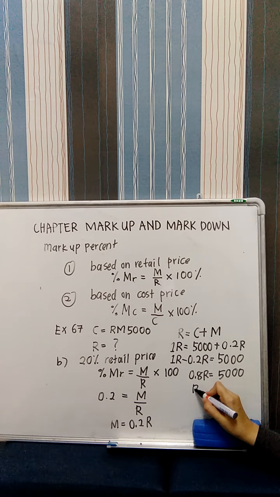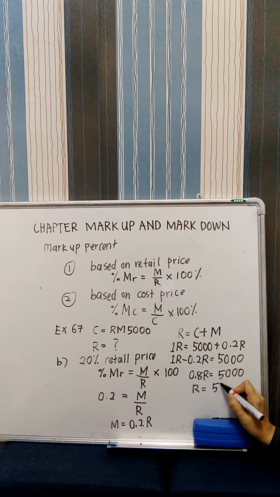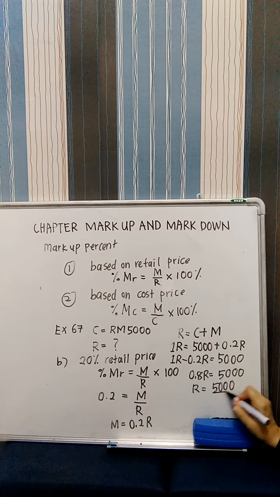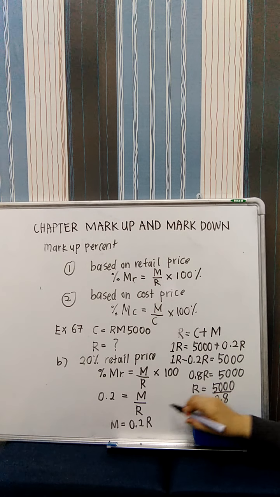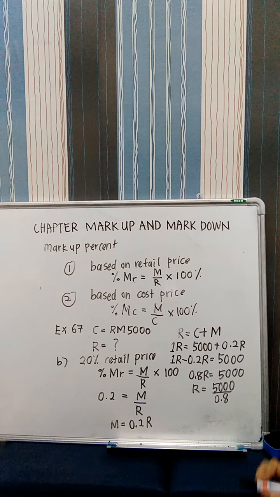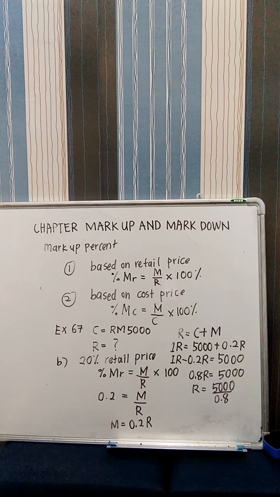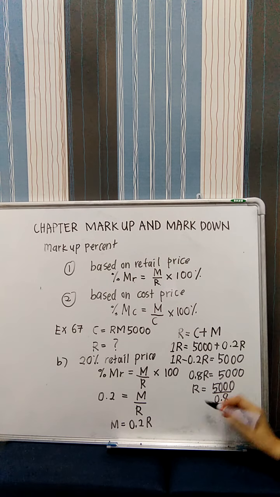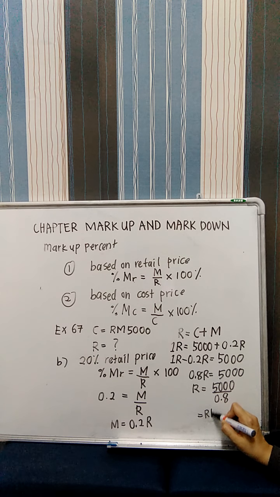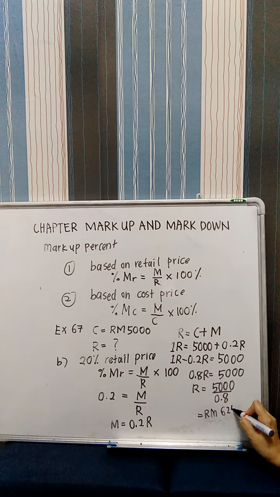So R equal to 5,000 divide 0.8. The answer is RM 6250.